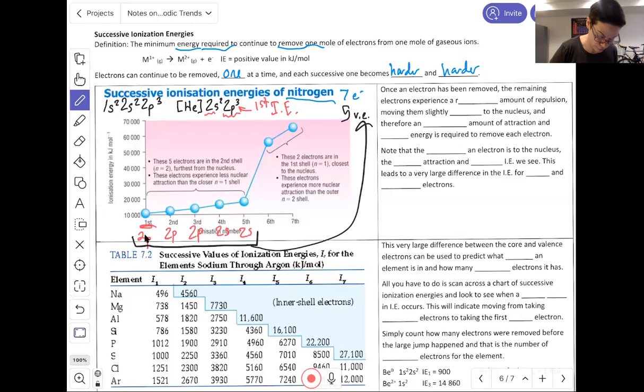Now I'm pulling them off of 1s. So number 6 comes from 1s, and number 7 comes from 1s. These are not valence electrons. The name for those is core electrons. So you should notice there is a big difference in energy between the valence electrons and the core electrons. Huge difference.